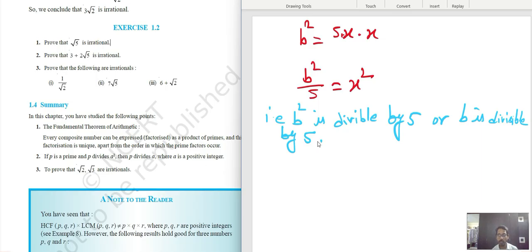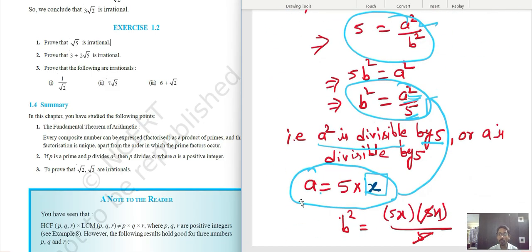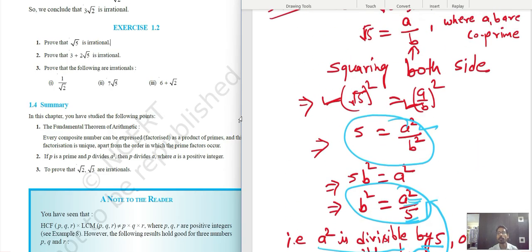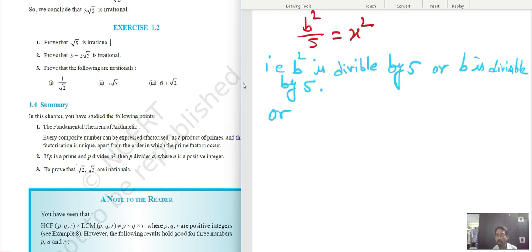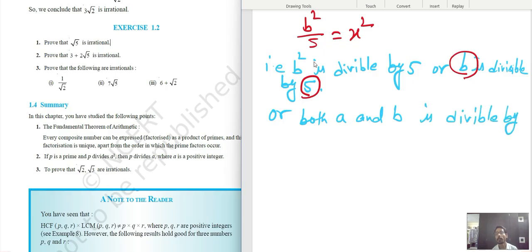See here, which one was divisible by 5? Here a was divisible by 5, and here we are getting b is divisible by 5. That is, we can say both a and b are divisible by 5. Got it?